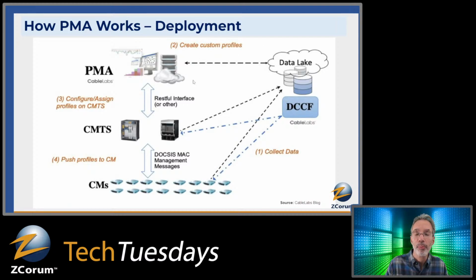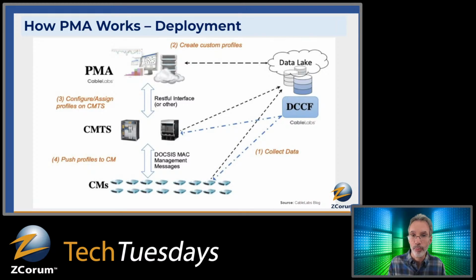And the PMA application looks at all of that data and creates the custom profiles. Usually you get your standard OFDM modulation profiles, but this can create custom ones in between that can get your customers up to a slightly higher modulation order.